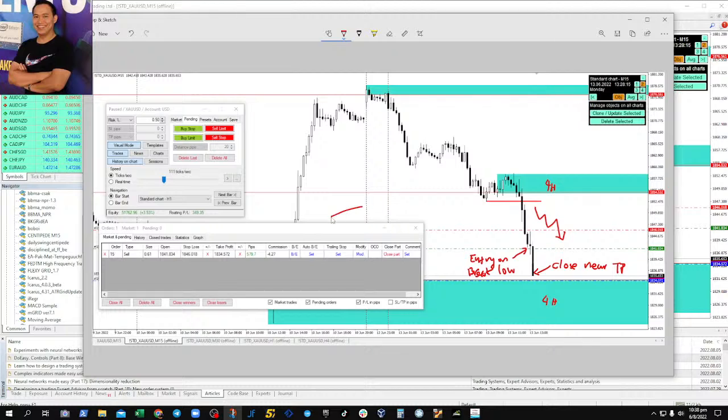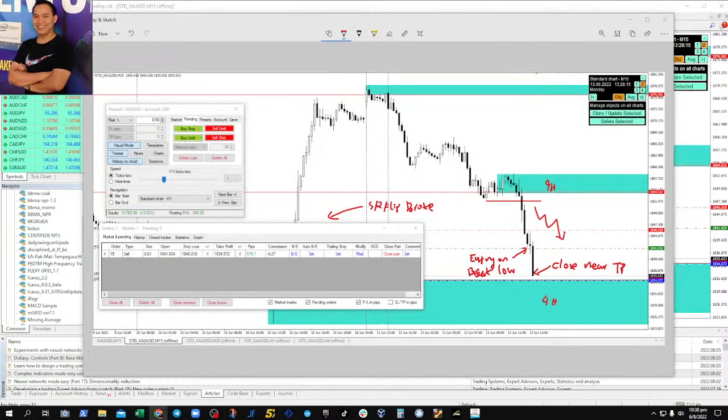And previously there was an SR flip zone that was broken. Okay, so that's how we take the trade. Copy this and let's put it into our journal.